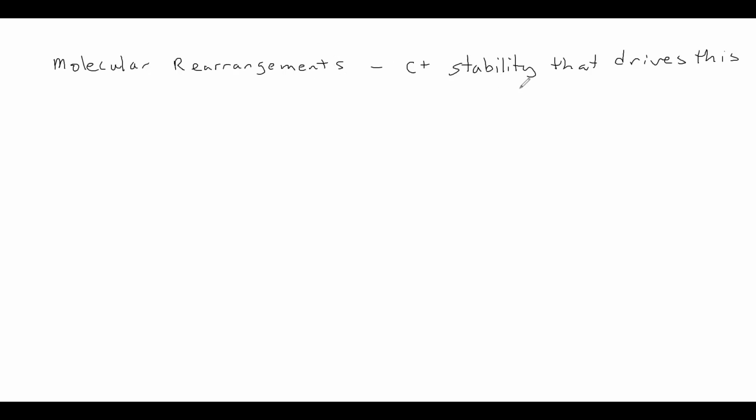And generally what we're looking at is a secondary alcohol. Okay, so let's use an example. Let's go back to that example where I showed you the skeletal rearrangement already, the 3,3-dimethyl-2-butanol.